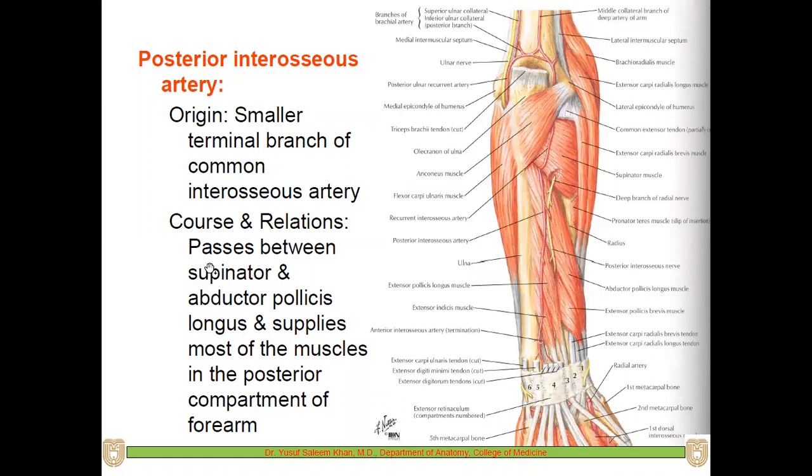Okay, so it passes between the supinator and the abductor pollicis longus and supplies most of the muscles of the posterior compartment. Almost all the muscles of the posterior compartment of the forearm are supplied by the posterior interosseous artery, which is a branch from the common interosseous, which in turn is a branch from the ulnar artery. Okay, so this is the posterior interosseous artery.